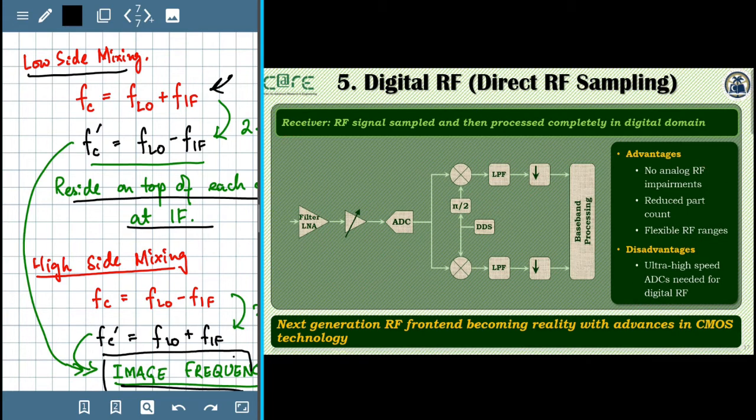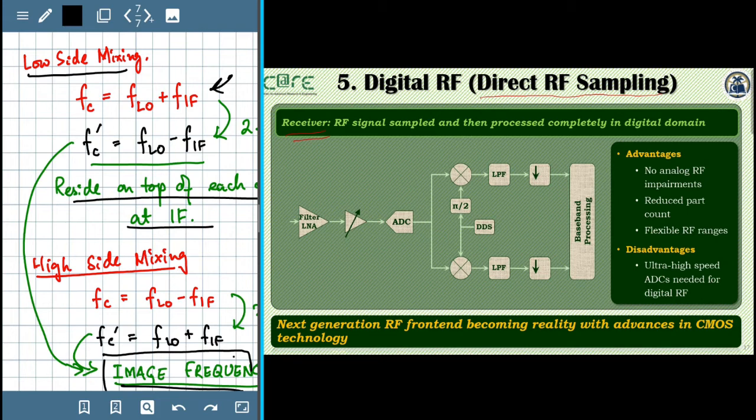Conversely, if we take a look at the receive side, we call this direct RF sampling because the RF signal is being sampled directly without any down conversion to an intermediate frequency, single stage or multi-stage, and without the need of conversion to the zero or the baseband in the analog domain.